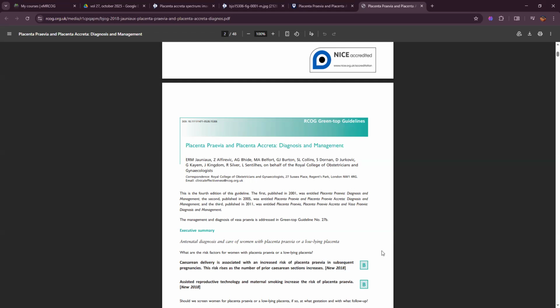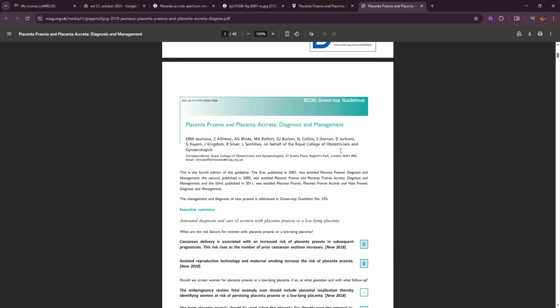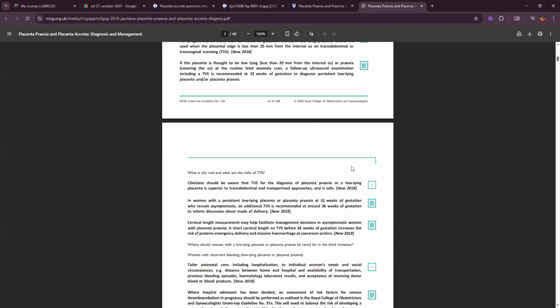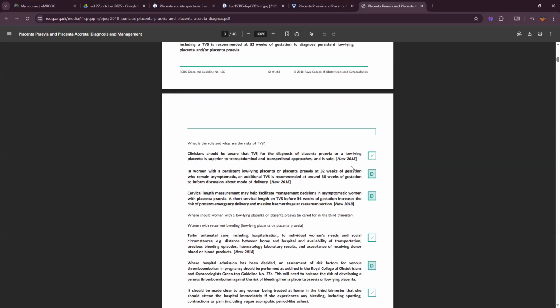They can bring you pictures with a placenta invading up to the serosa. What is this? But they are not going to ask you about detailed management. They can ask you something like, how would you diagnose a placenta accreta spectrum? What is the best modality?